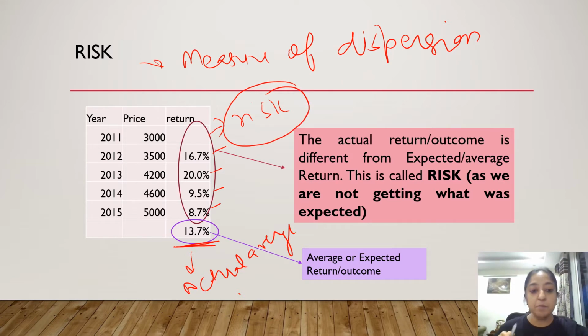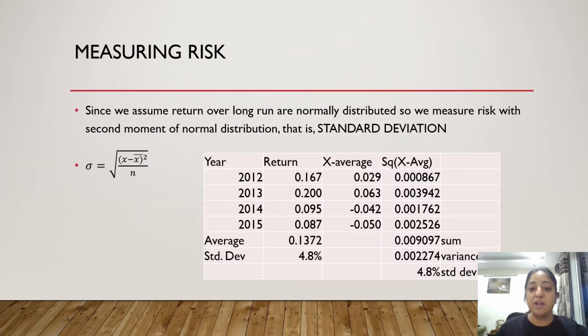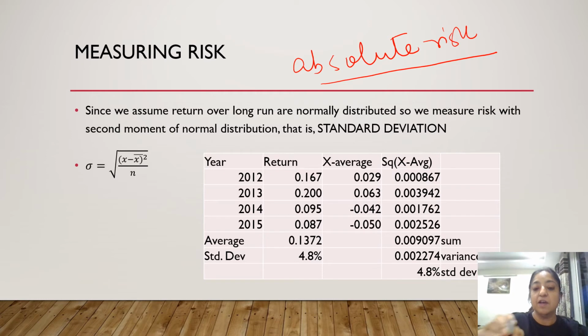Risk means that I'm not going to get the same average every time. It is going to be a different return every time. So that is my risk. I'm not going to get my expected return. Clear? So when we calculate risk, there are two methods. One is absolute risk, which means the risk specific to that asset only.